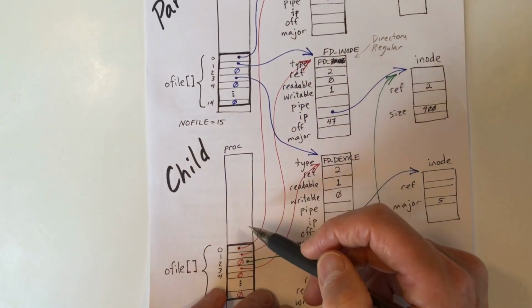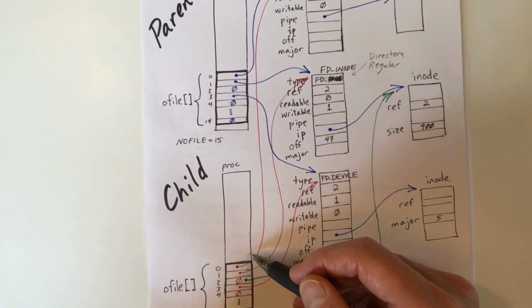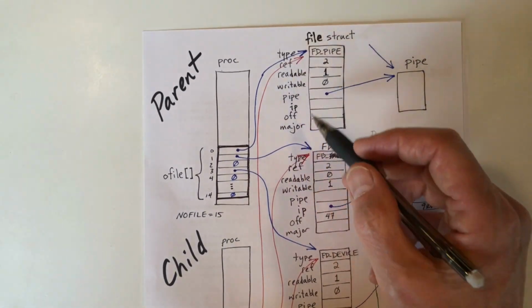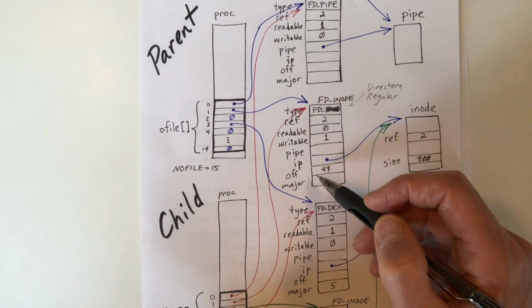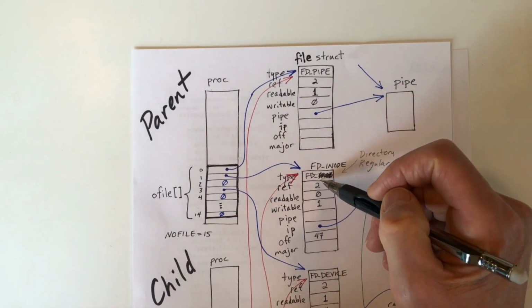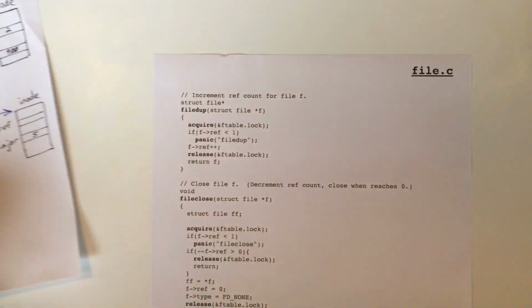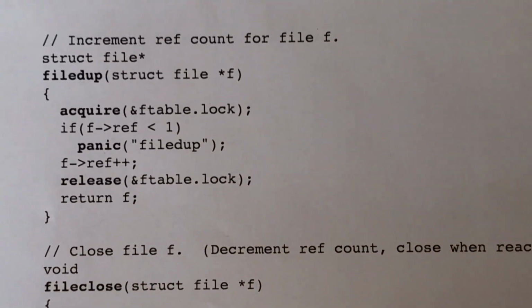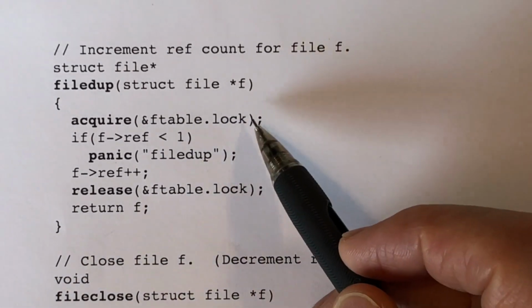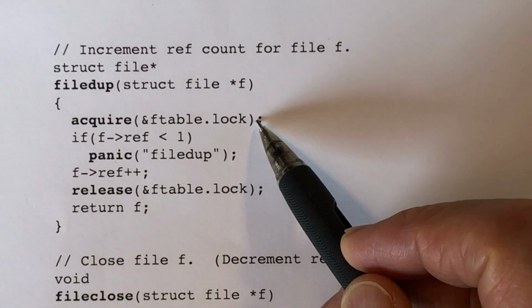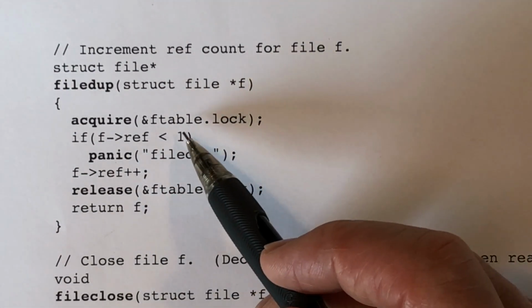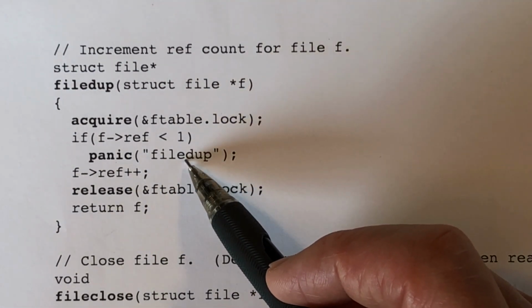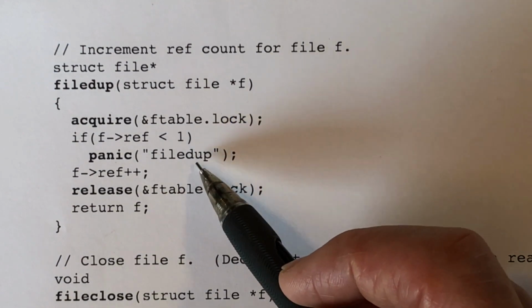And we are copying this array, and therefore we are adding pointers to each of the file objects that were pointed to by the parent. And so we need to go through these file structures and increment the reference counts. And that's the purpose of the file dupe function. It begins by acquiring the lock on the ftable, and then it increments the reference count, releases the lock, and returns. It also does a quick check to make sure that we are already holding a pointer to that particular file object.